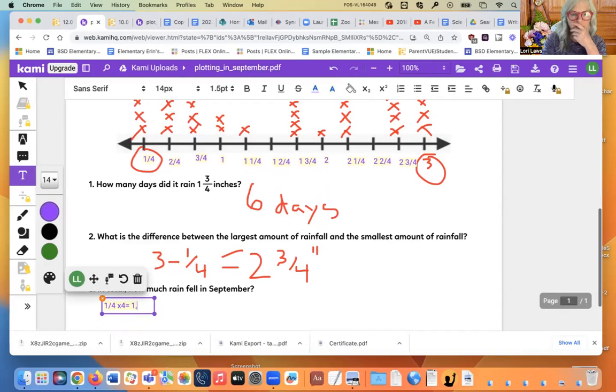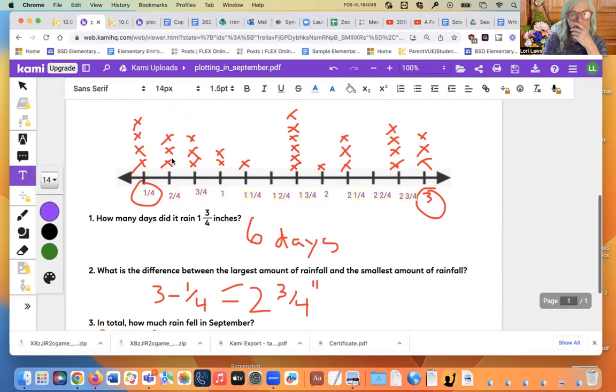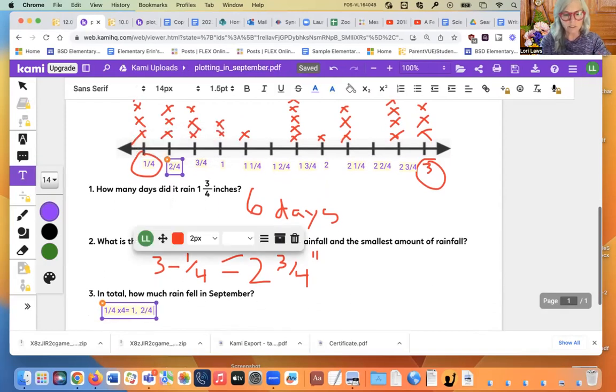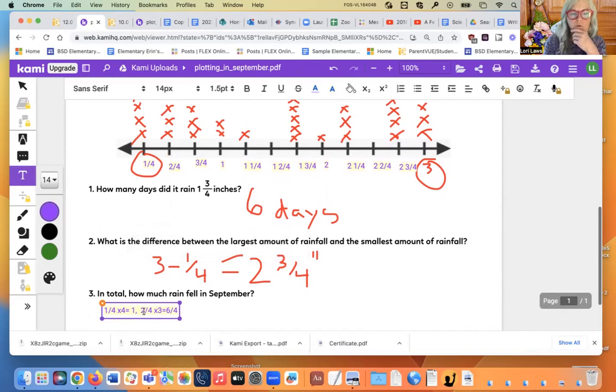Okay, and then I'm going to put a comma. And then I'm going to go to the next one, which is 2/4 times 3. 2/4 times 3 equals 6/4. Remember, when you multiply a fraction, you can multiply right across the top. So the 3 is like 3/1, which is equal to 1 2/4 or 1 1/2.